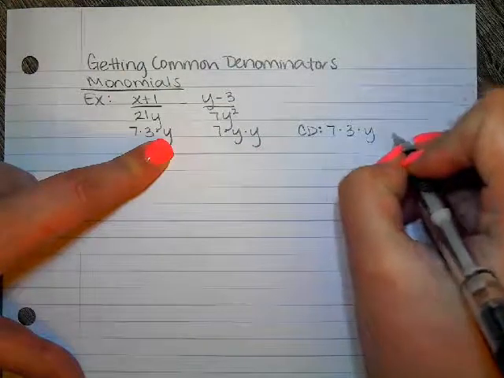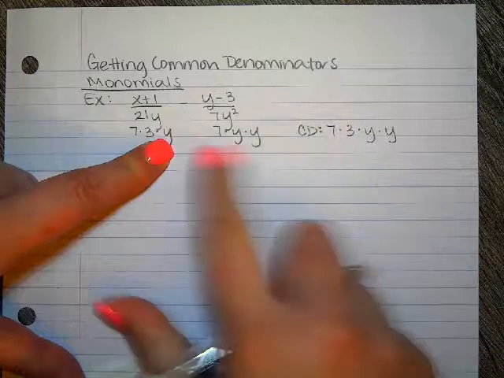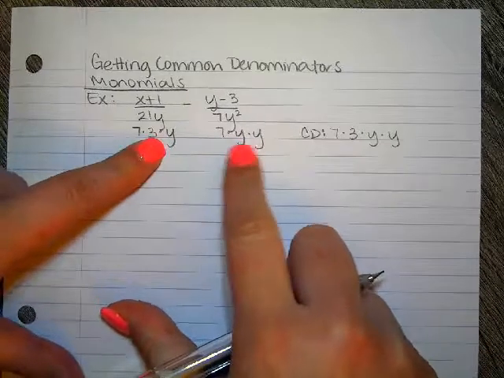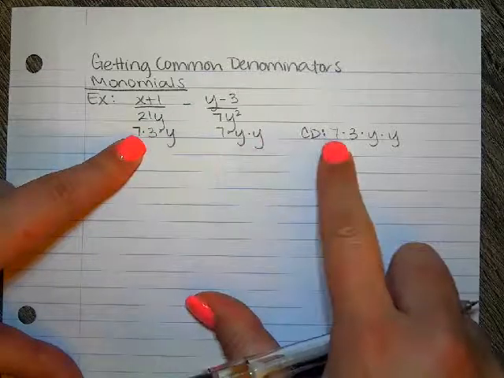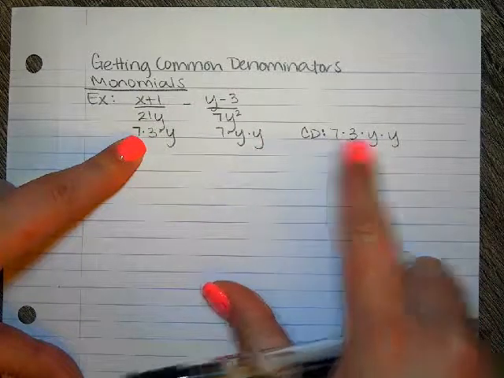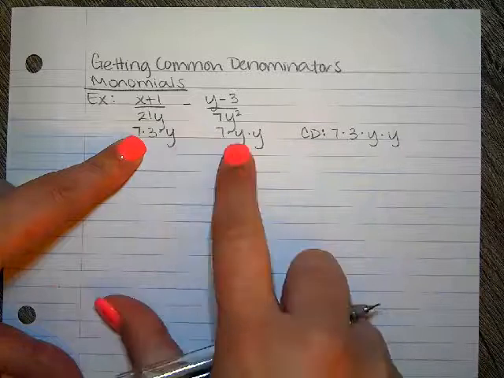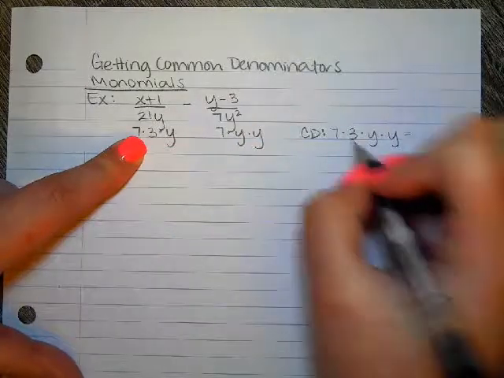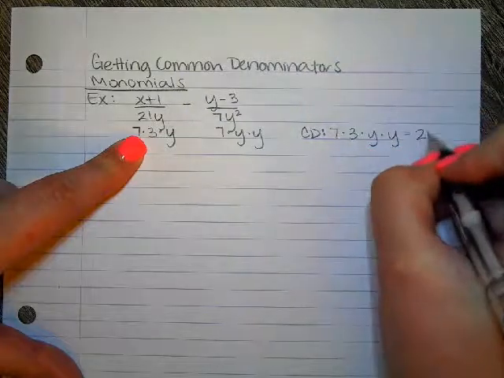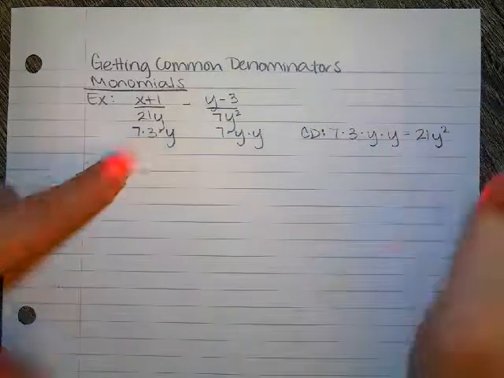I need a y squared, right? Now I'm writing this out deliberately, because when I write each of these pieces, I can compare it with this common denominator, and I can know exactly what each piece needs. So my common denominator is 7 times 3, that's 21y squared.